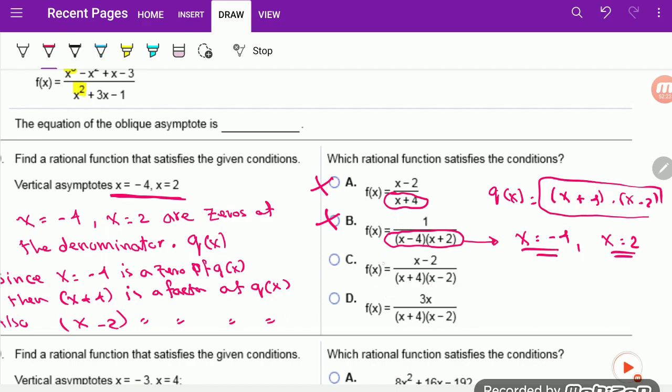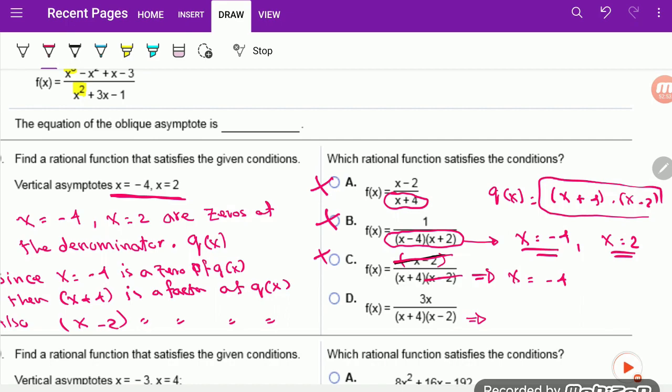Is it C? It's not C, because x minus 2 can be cancelled with x minus 2. Look at this, there's a common factor. So we end up having only one vertical asymptote, which is x equals -4. Is it D? It's not A, B, or C, so it has to be D. Look at the solution of the denominator.